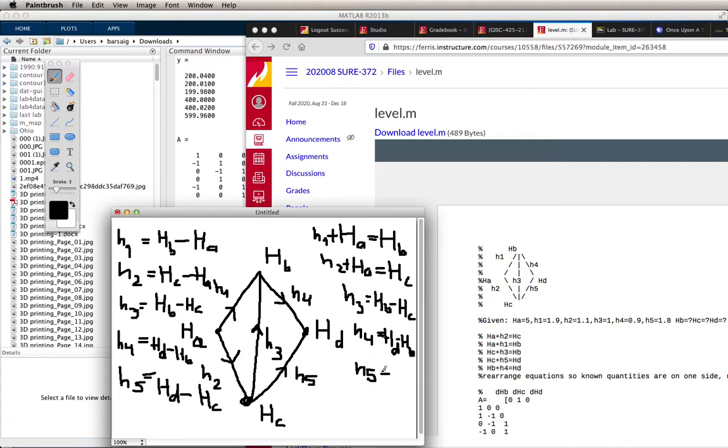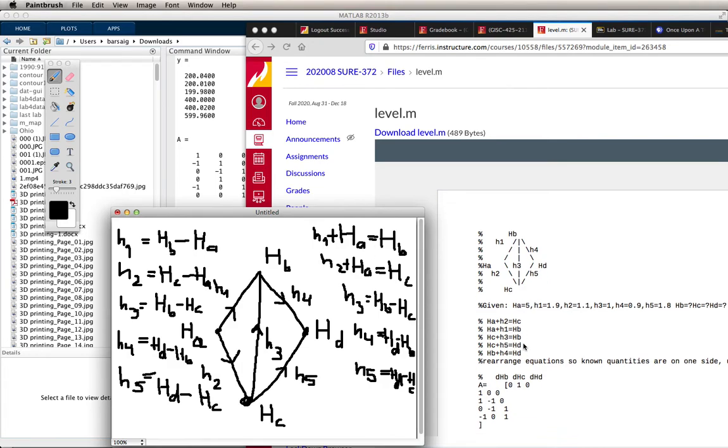And H5 equals HD minus HC. It doesn't matter what order they're in, as long as it's consistent.